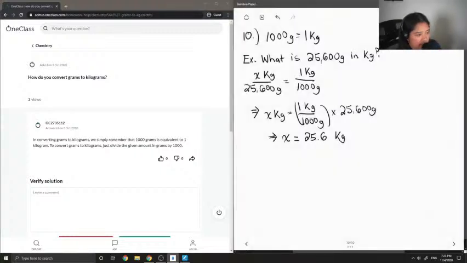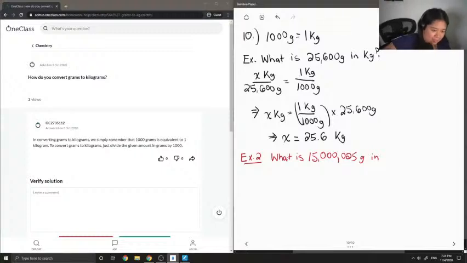Let me write out a second example. What is like 15 million 25 grams in kilograms?